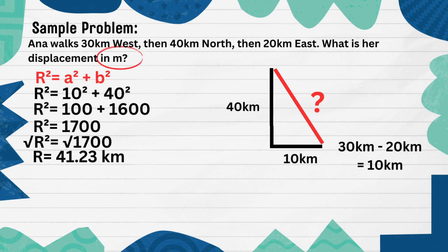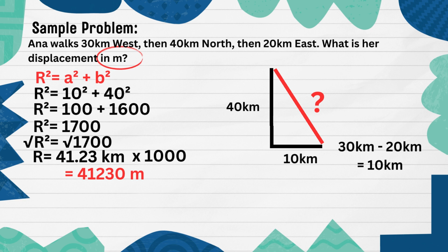But we are going to get meters, not km. In converting it, we will just multiply the 41.23 km by 1,000. And here it is.